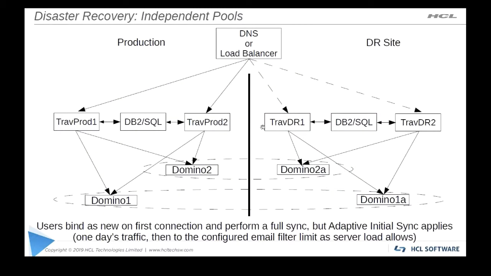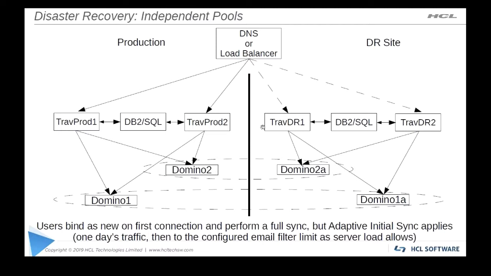On the very first slide, I said that a traveler pool has to have all servers sharing the same database. That's actually the break point in what you can do for disaster recovery.